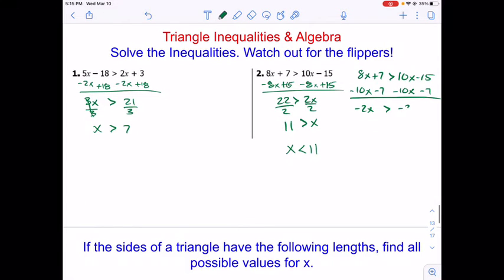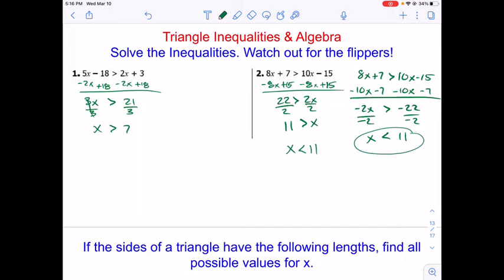This gives me a negative 22. So when I divide by negative 2 here, we have to flip this sign. So the inequality flips around, and this becomes a positive 11. We divided by a negative number, so we get the same result. These all three are the same. You just have to flip the inequality if you ever divide by a negative.